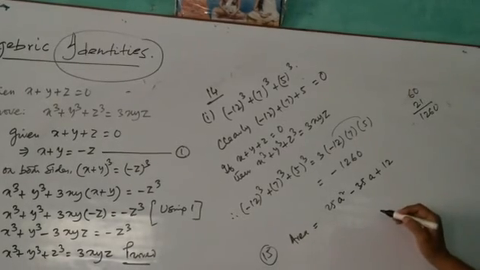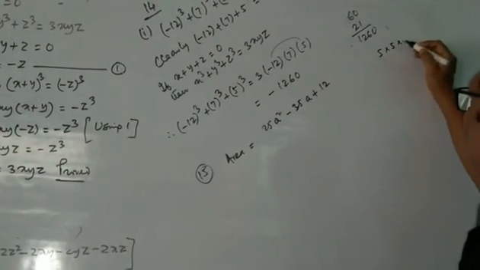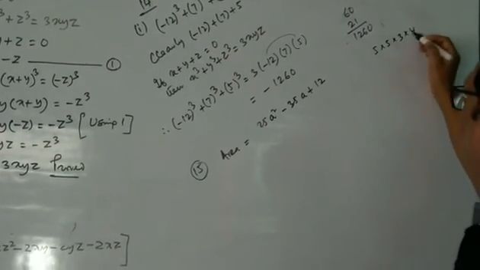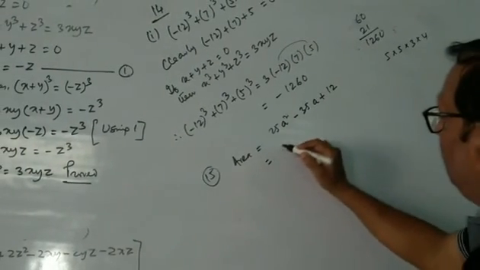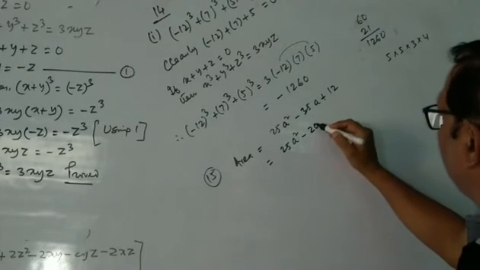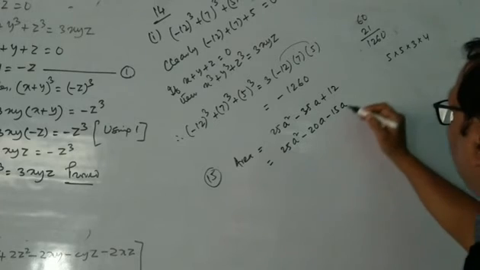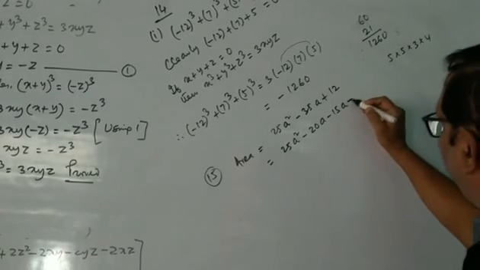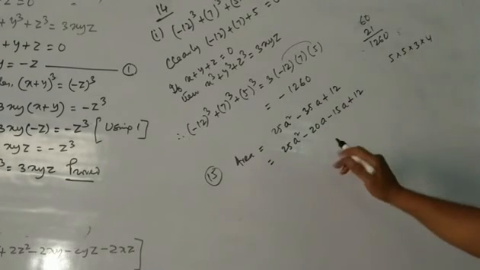So the possible length and breadth you have to say: 25a² - 20a - 15a + 12. What we have done is the middle term splitting factorization.